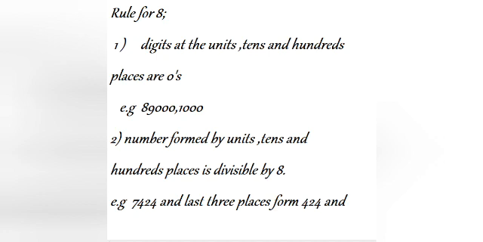It means the last 3 digits of the number should be divisible by 8. For example, 7424: the last 3 digits of the number are 424, and 424 is divisible by 8.